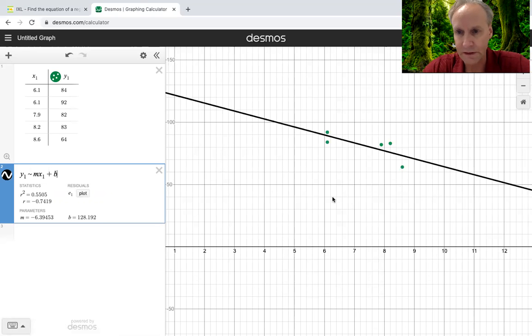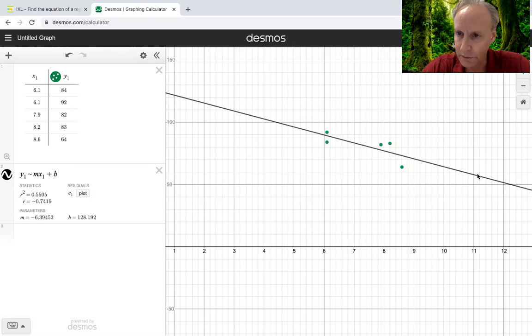There it is. You can see it's really having trouble with this. There we go. Okay, we can see that it's negatively correlated. What does it mean?